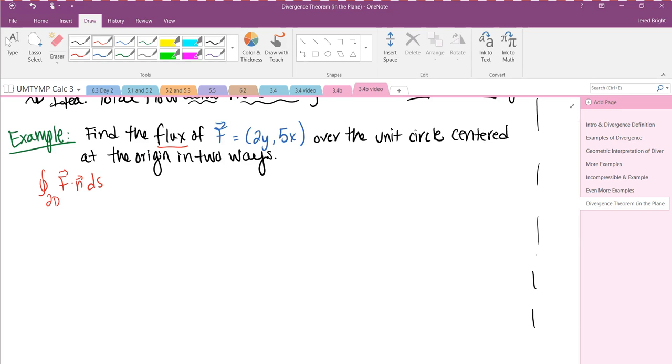One way is to compute directly, and we could do this. It isn't too challenging, you just have to do it properly. But instead, I maybe want to use the divergence theorem.